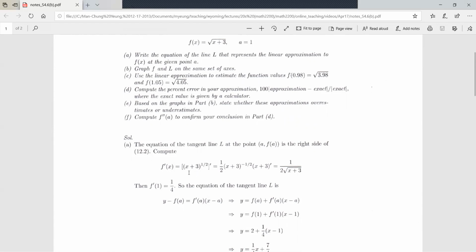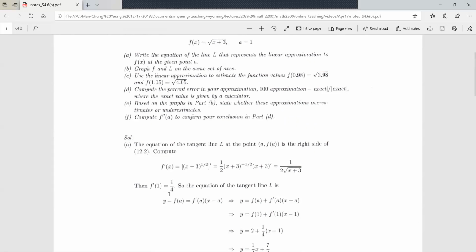In power form, it is x plus 3 to the 1/2. Now, take the derivative of this function by the chain rule. So I get the result here. The derivative of x plus 3 is 1. The derivative at 1, plugging in 1 for x, is 1/4. This is the slope of the tangent line at 1.